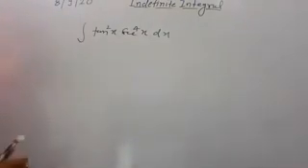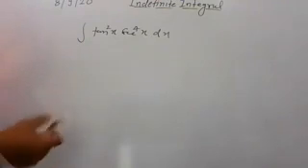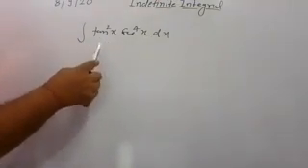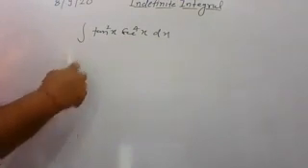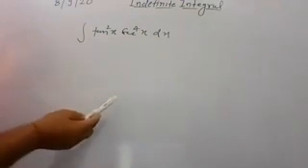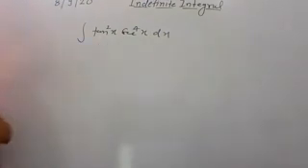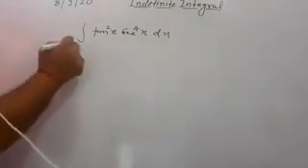Here you have to assume some function as t, in such a way that its derivative is present there. So you know the derivative of tan x is equal to sec square x.